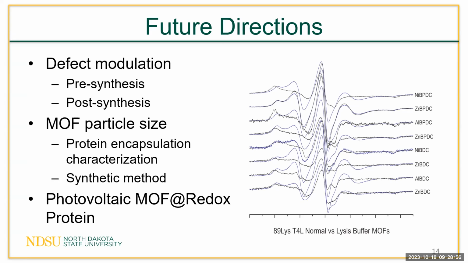And this is likely due to the ligands capturing the light and then shuttling an electron from the ligand to the metal center, almost like an LMCT reaction in inorganic chemistry. I'm hoping to be able to utilize these MOFs with redox proteins and then study them with site-directed spin labeling and EPR to find exactly how they're being encapsulated in these materials.